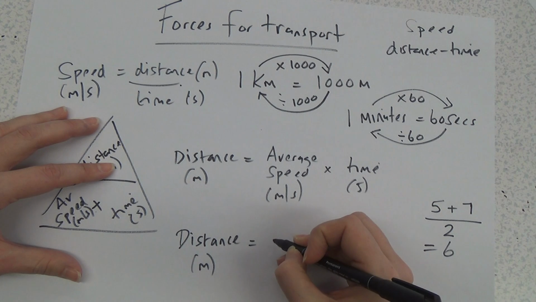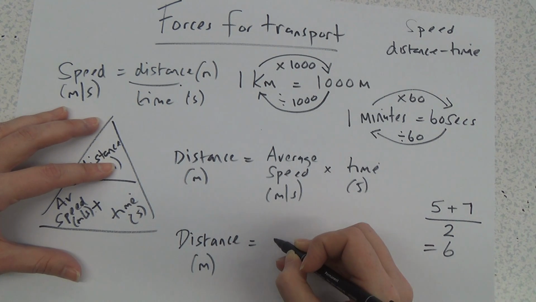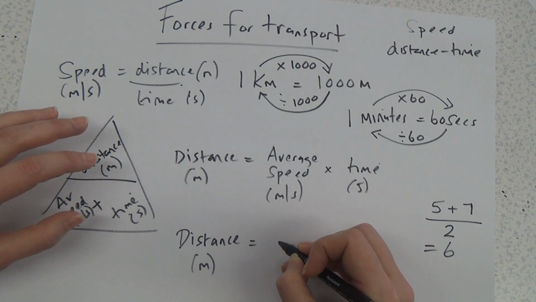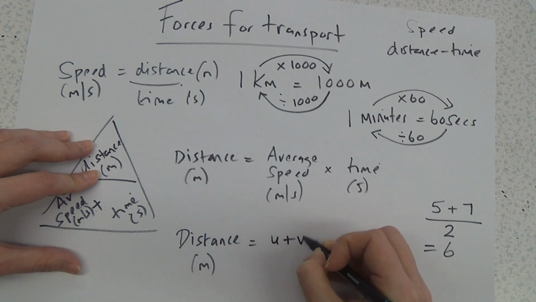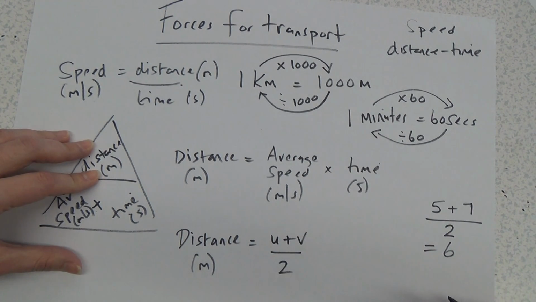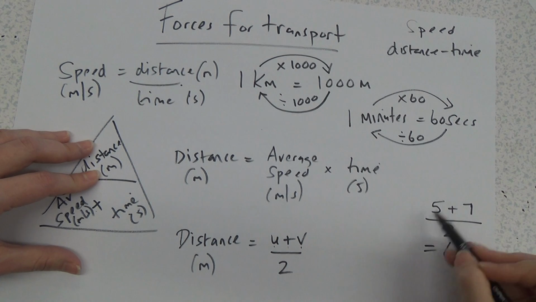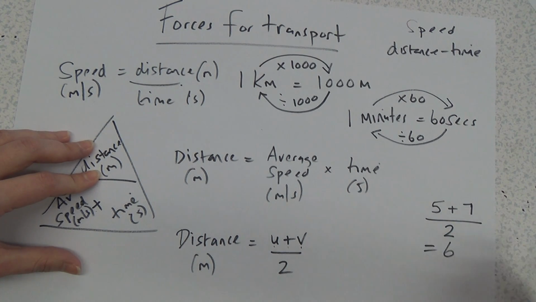To work out the average speed, you add, and I'm going to write it exactly how you have it in your booklet, u plus v divided by 2. Starting speed plus the end speed, divided by 2. It's no different to how you calculate the average of any two numbers.